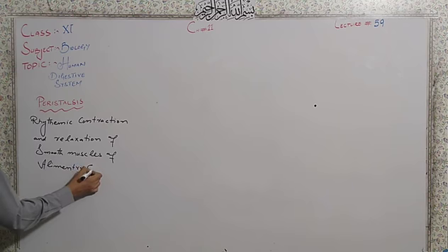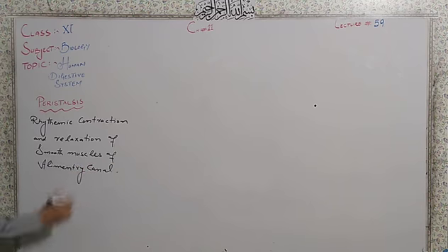It is important to mention that at the start of lecture 58, I told you that there are four layers of the alimentary canal wall: serosa, muscular, submucosa and mucosa.